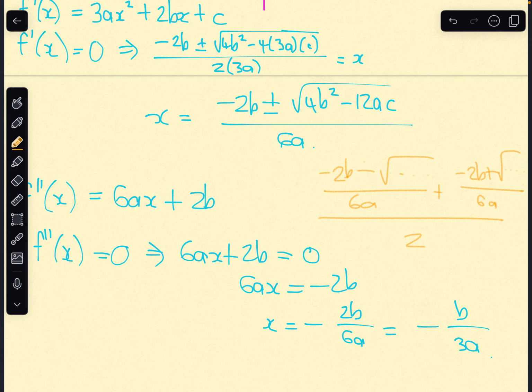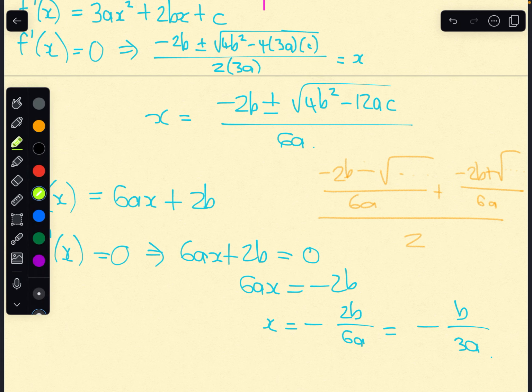So the minus square root and the plus square root are going to cancel out. Then we have minus 2b minus 2b, which is minus 4b over 6a, over 2.